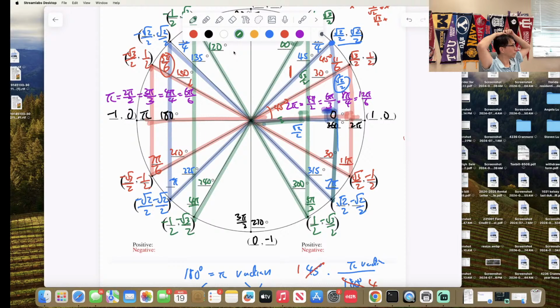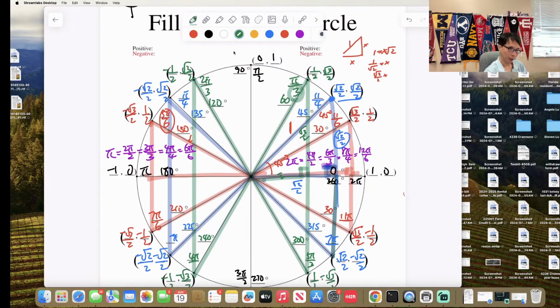The X value for the green triangle is 1/2. It's because you have this triangle right here, right? And you have 60 and 90, and this is 1. Oh, sorry, this is 90, and this is 60. No, this is 30, sorry.